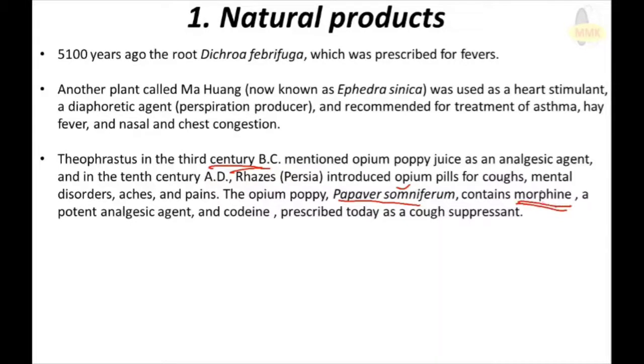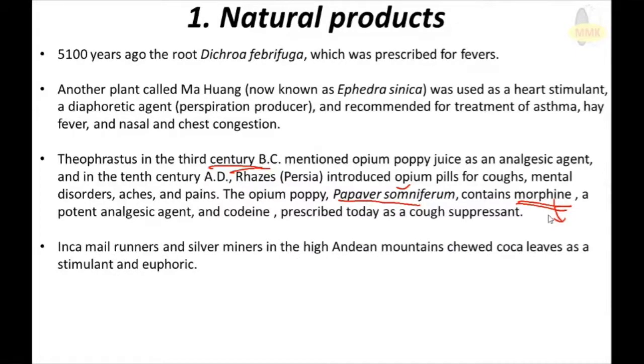This is a very important analgesic agent, and from morphine, through synthetic modifications, we have the narcotic analgesics. That entire section of medicinal chemistry is derived from morphine. Right now we have morphine as well as codeine. Both are natural products and both are very well accepted, morphine as an analgesic agent and codeine as a cough suppressant.